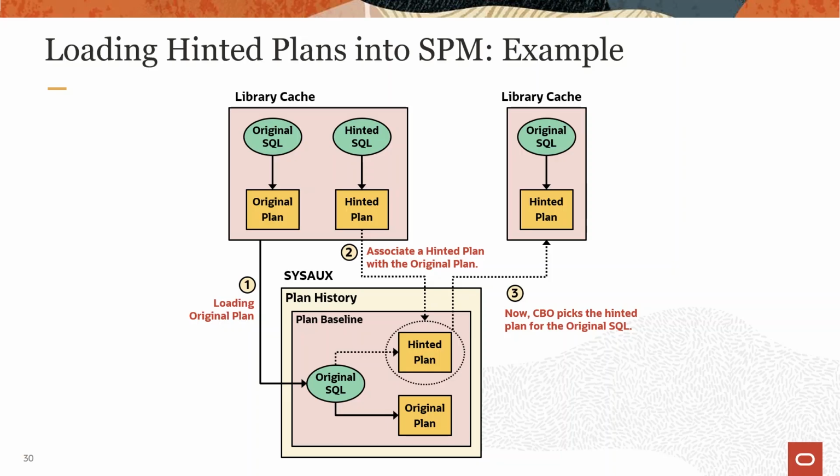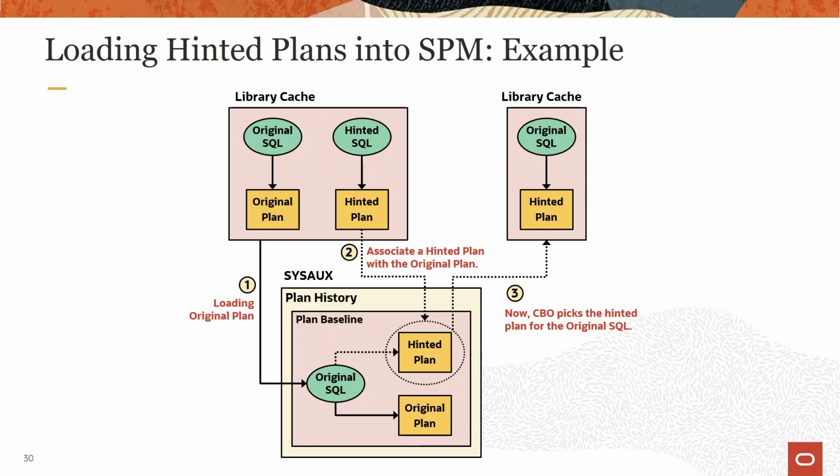Then you take the coding of that SQL statement, but you put in hints to force the optimizer to go for a specific execution plan for that statement. So you take the original SQL, but decorate it with hints to force the optimizer to come up with a certain execution plan, of which you say, look, this is a much better plan than the original plan.